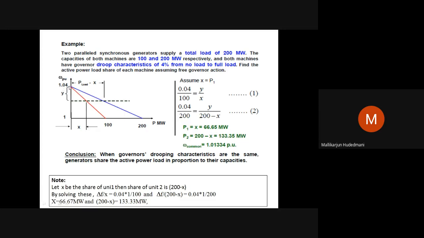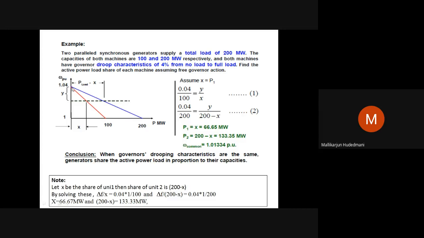And this decrement you can see. 1.04 is the no load frequency of machine 1, and machine 2 has a droop of 4%. This is decreased when there is a load. Let's say it falls by a value y. Y is the drop in frequency scale, which is the horizontal line I have drawn.